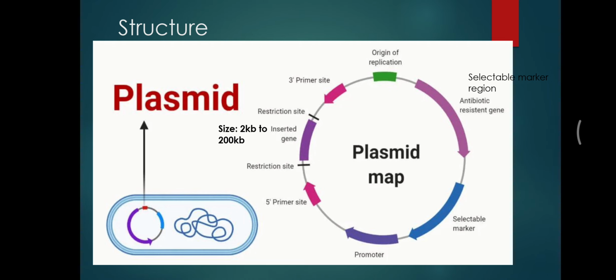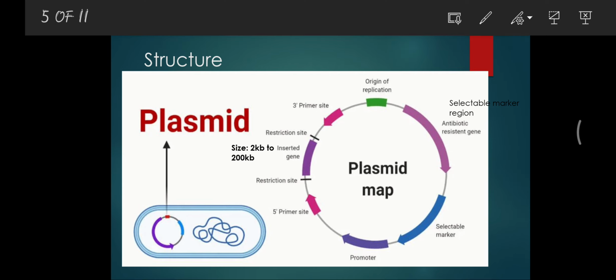This diagram will explain all about the general structure of plasmid. So this is the basic structure of plasmid. First of all, the first structure is the origin of replication, also known as the ORI region. This is the region where the replication process starts, and it is generally an AT-rich region.